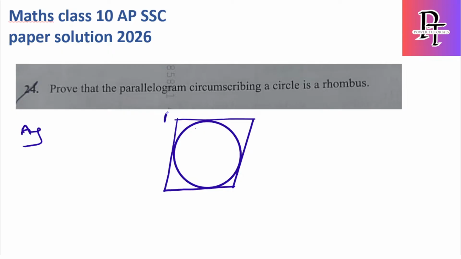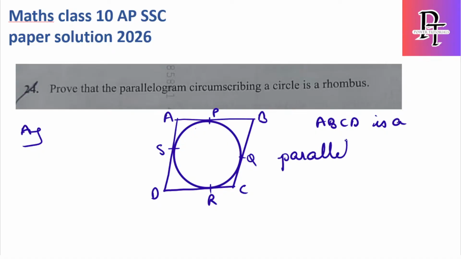Let's mark A, B, C, D as a parallelogram, and where it is touching, let's mark these points as P, Q, R and S. ABCD is a parallelogram circumscribing a circle.